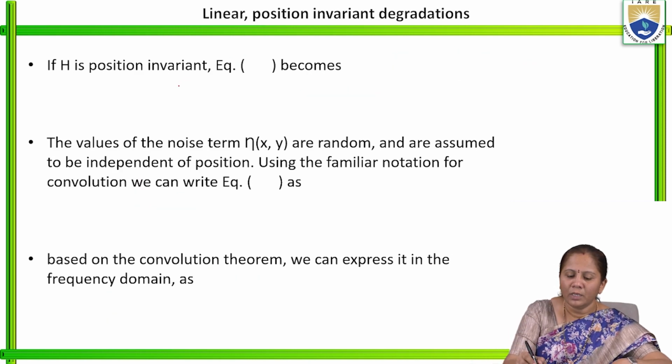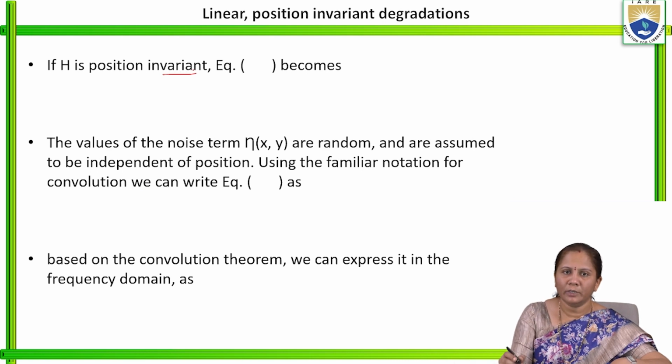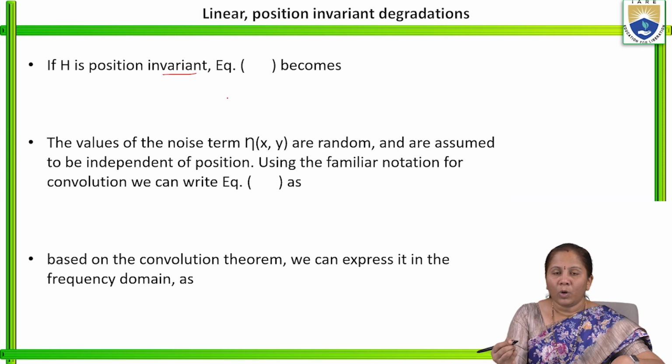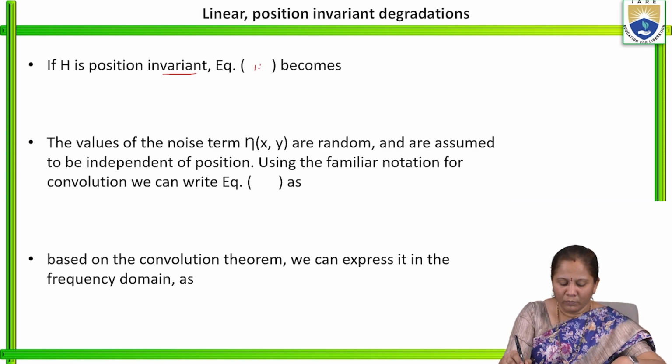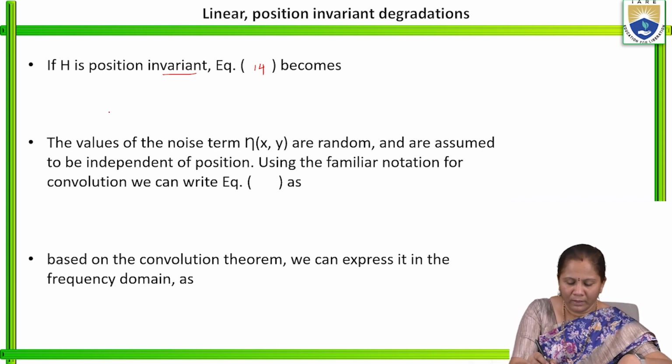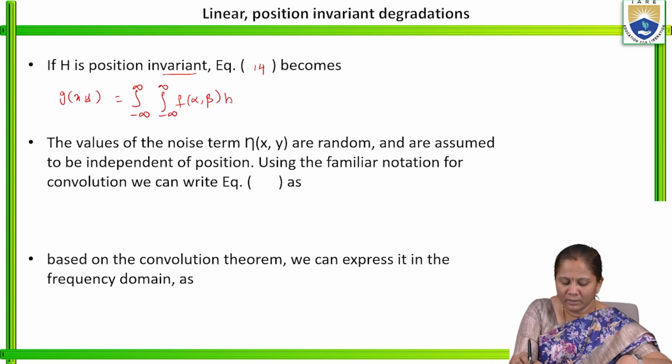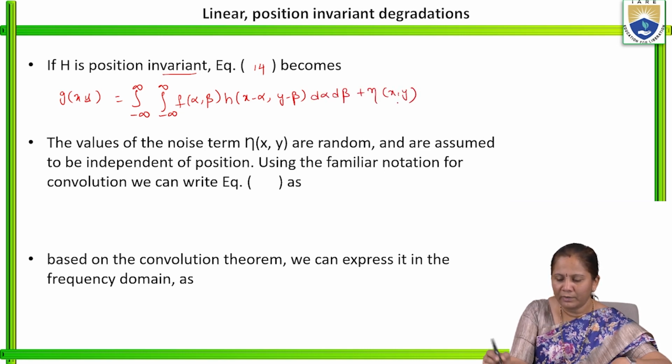Now again, if h is position invariant, how does the above equation, equation 14, look? g of x comma y is equal to the integral from minus infinity to infinity of f of alpha comma beta h of x minus alpha, y minus beta d alpha d beta plus eta of x comma y.